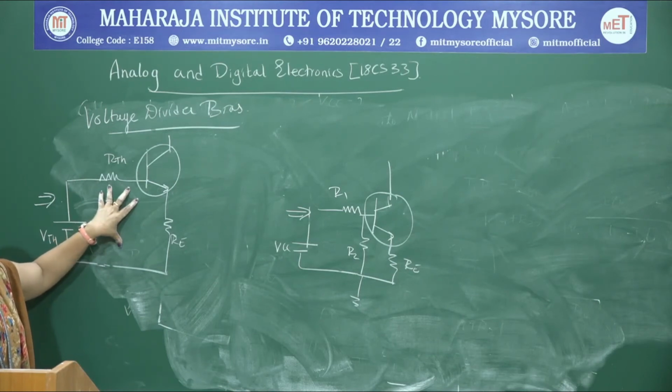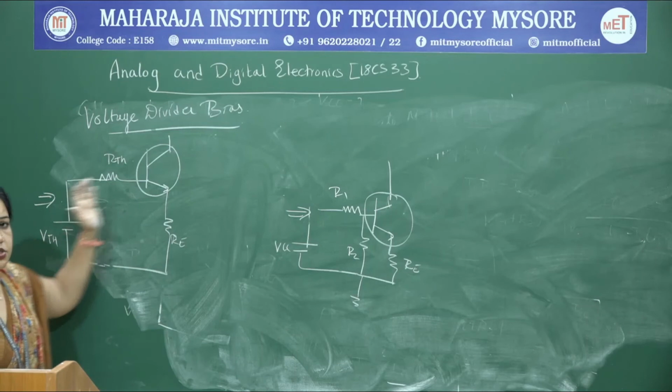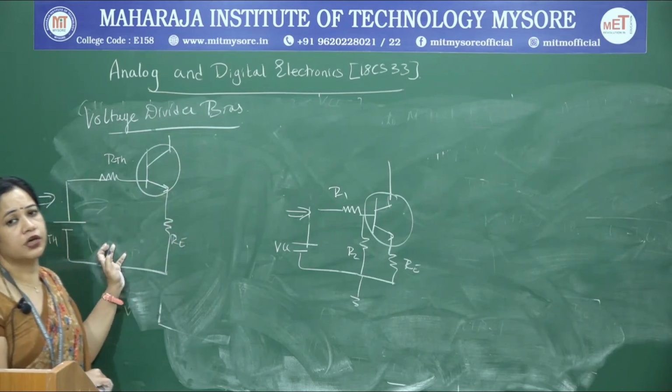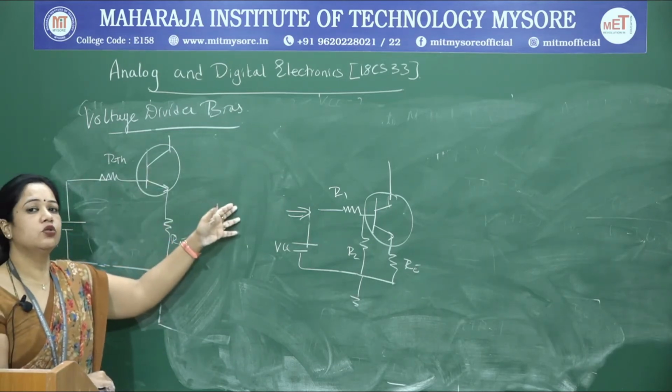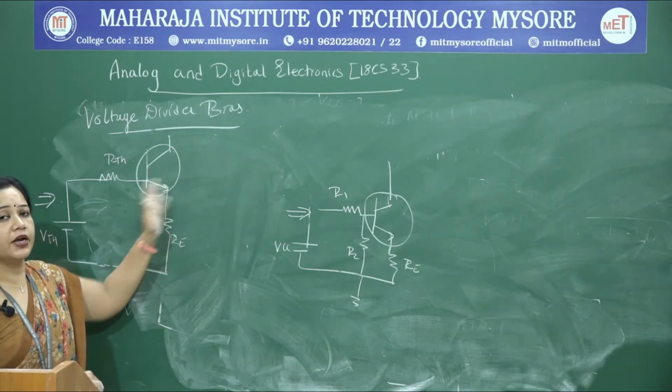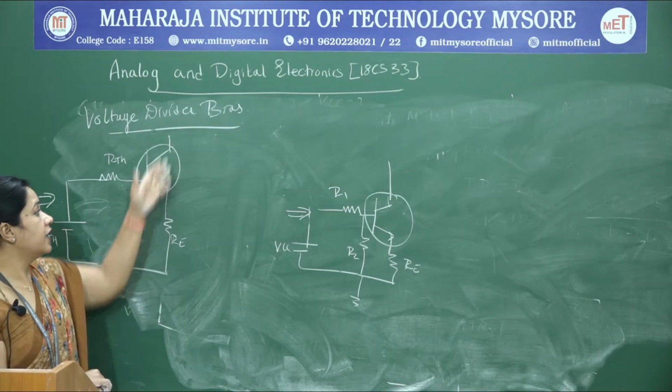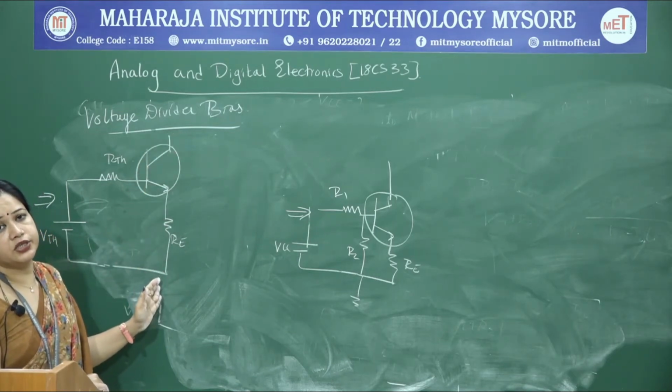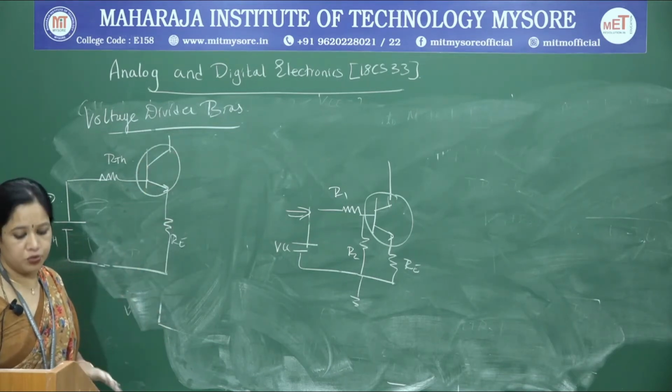So, we can easily apply KVL to the input section, determine the expression for input current, substitute in the expression for output current, and arrive at an expression for output current, or apply KVL directly to the output section to get an expression for output current.